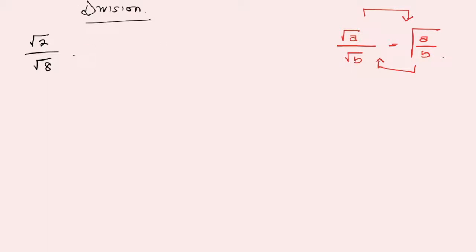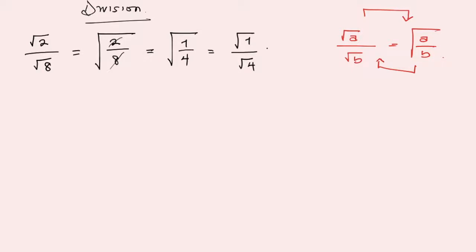Now, it depends on the usage. This can be written as square root of 2 over 8, and this is equal to the square root of 1 over 4. Now, if we go back the other way, this is going to be root 1 over root 4, because we know that the square root of 1 is 1, doesn't matter.